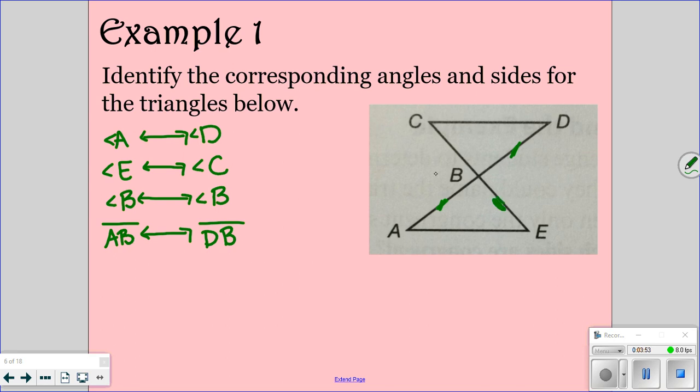For this side length, I'll name it side length EB, and it corresponds to this side length here that connects B to C. But this angle that corresponded to E was C, so it has to go first and then B. And then the last one is this side and that side. So side AE corresponds to side DC. And so that's how you would write your corresponding sides and angles.